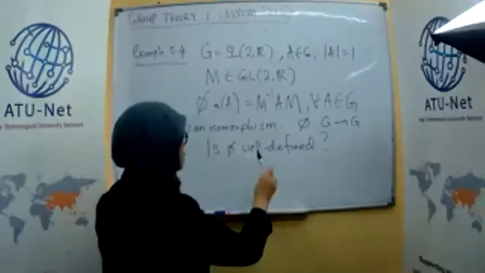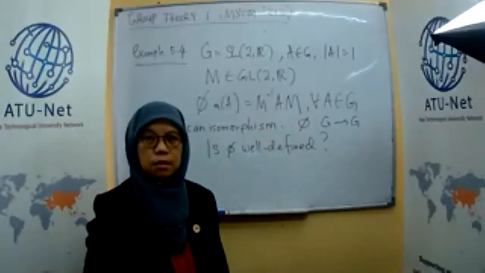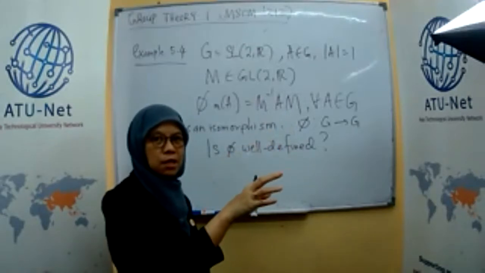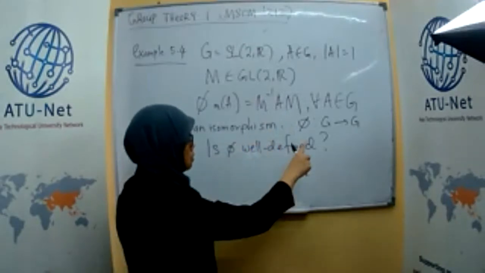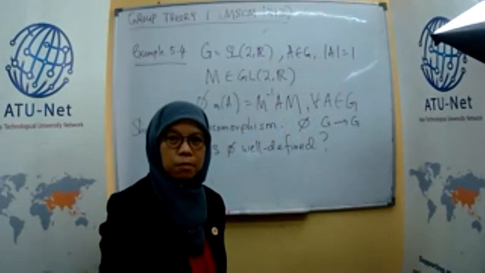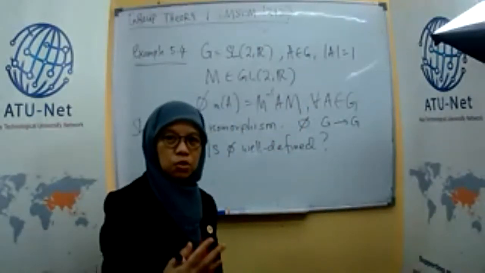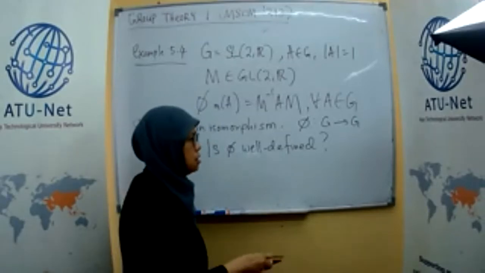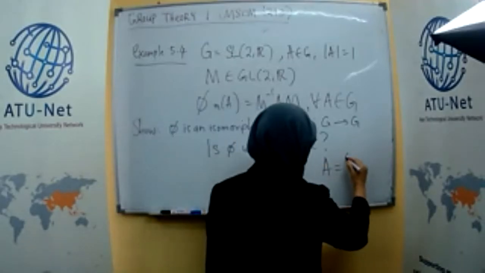You need to find the determinant, because if you map one element in G, which is A, the determinant is 1. What about the image? Does the image also have determinant 1? How do you check that? You cannot write it in terms of this.